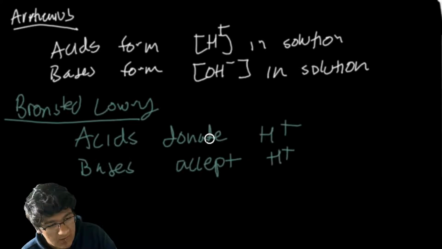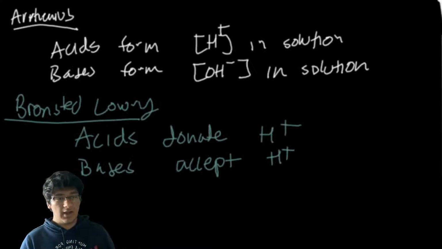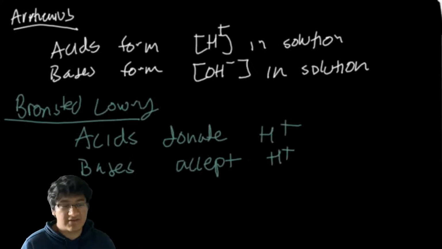If you think about it, acids donate H+ is really similar to acids form H+ in solution. Donate just means that you lose it, and that's what's happening when acids form the H+ in solution. Bases accept H+ is really similar to saying I'm letting go of that OH- and accepting that extra hydrogen.